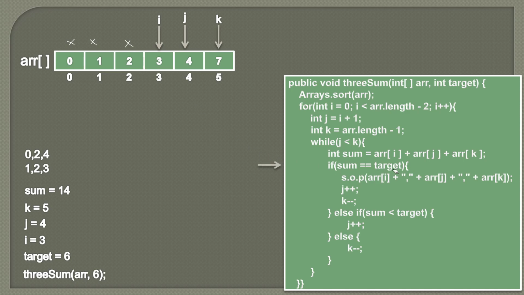Sum is not equal to target. Sum is not less than target. If we want to reduce the sum, we have to decrement k to reach here. So k will become 4. And as we have decremented k, j and k are pointing to the same index. So therefore this while loop will terminate.